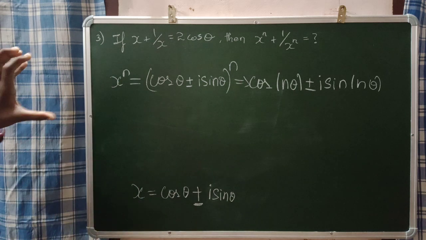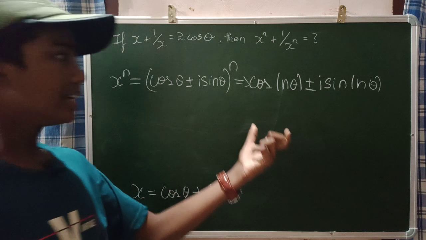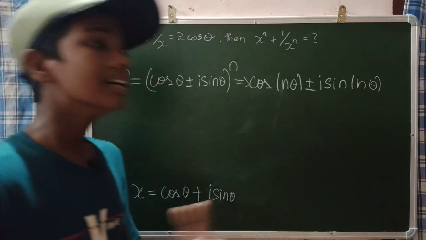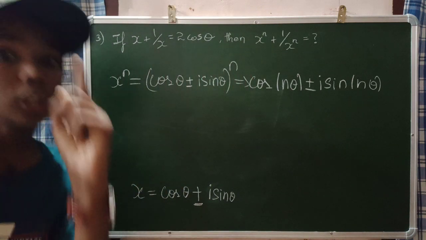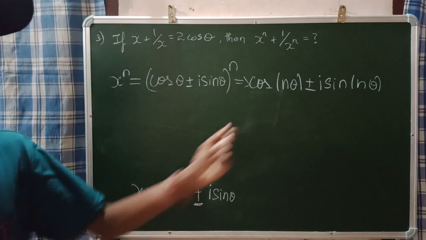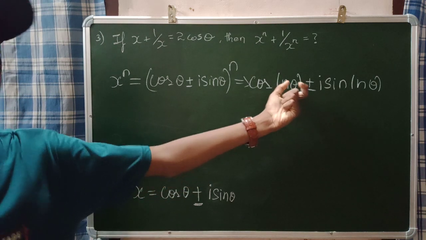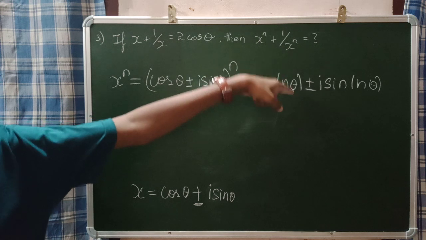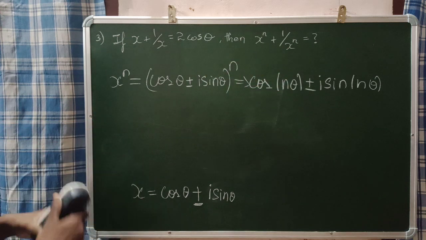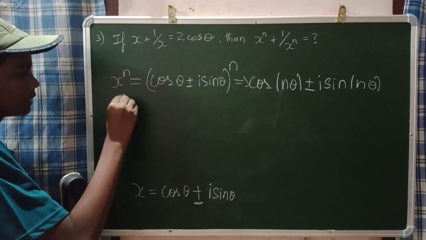Now we have found the value of x to the power of n, which is cos of n theta plus iota sine of n theta, just by De Moivre's theorem, which you learned in complex numbers, by multiplying n with theta's value. Now they are asking 1 by x to the power of n. 1 by x to the power of n is x to the power of minus n.